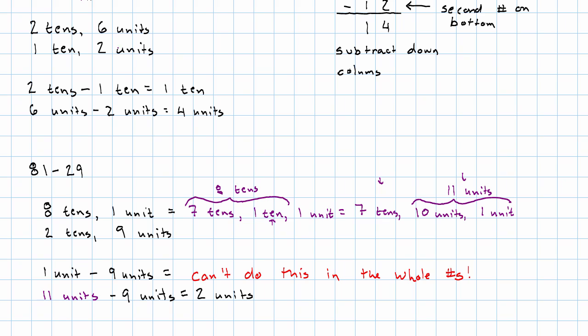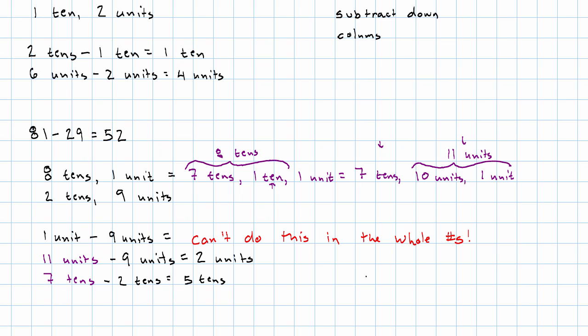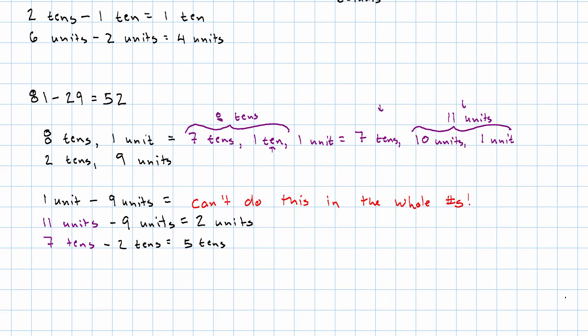Now when we go to the tens place, we have to remember that we did that. We have 7 tens minus 2 tens equals 5 tens. 81 minus 29 then? 5 tens and 2 units, that's 52. The way we actually write that out is, again, we line up the places.